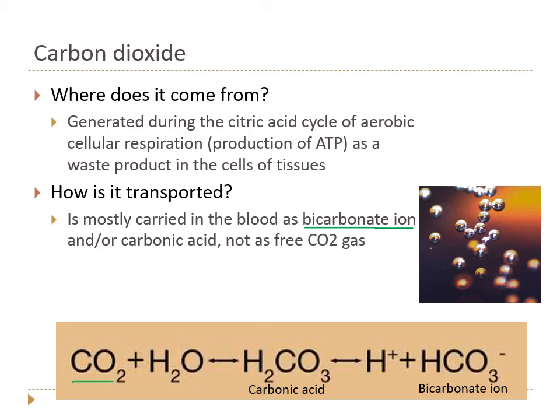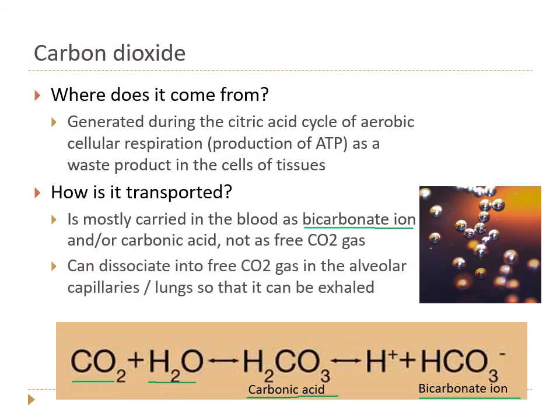Carbon dioxide combines with water in the bloodstream to form carbonic acid, which then very quickly moves into bicarbonate ion, and that is the primary way that we carry it in the bloodstream. In fact, one of the tests we often do on blood tests is to look at people's bicarb levels. So this is something that we can measure and see quite easily.